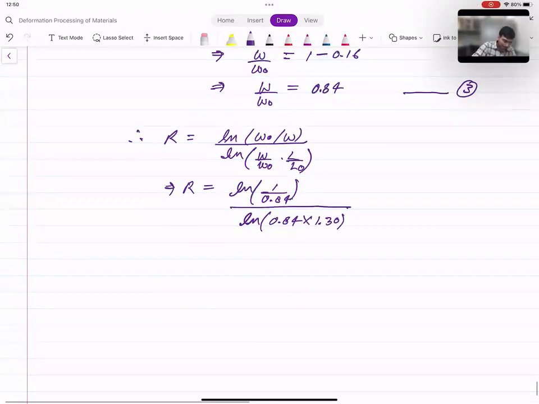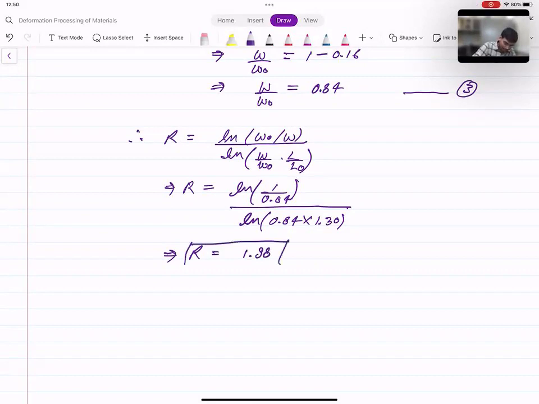So upon solving this, I have already calculated the values. So this comes out to be around 1.98. Okay.